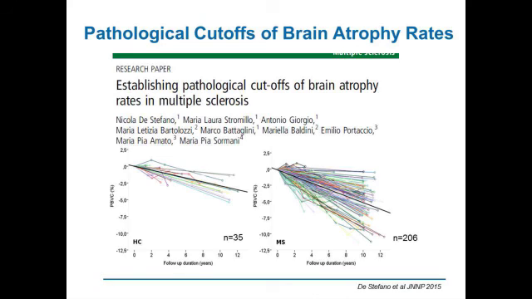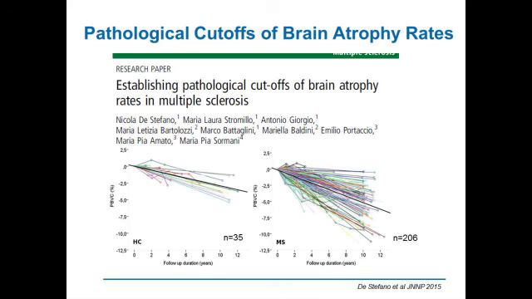The same was done for a smaller cohort of healthy controls. So we have around 35 healthy controls with the volume of the brain assessed at baseline and after 10 years, and a cohort of 206 MS patients assessed over 10-12 years of follow-up.